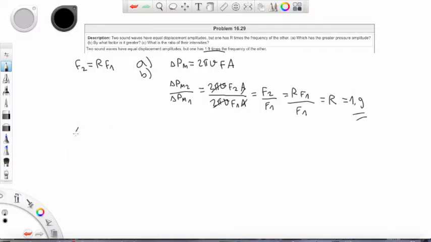Then C. Instead of pressure amplitudes, we are supposed to calculate the ratio of their intensities.